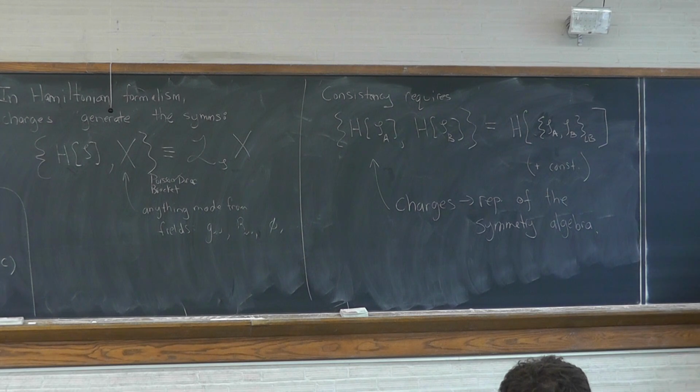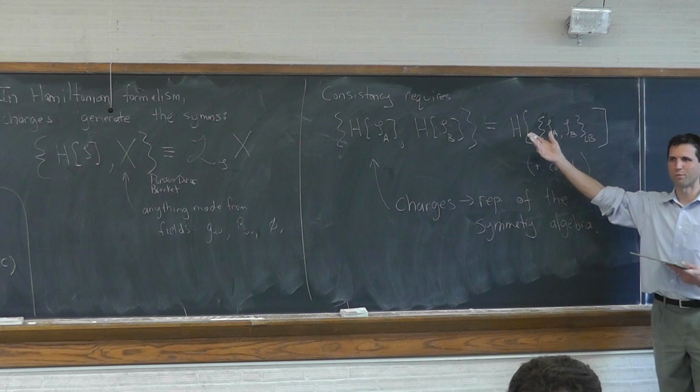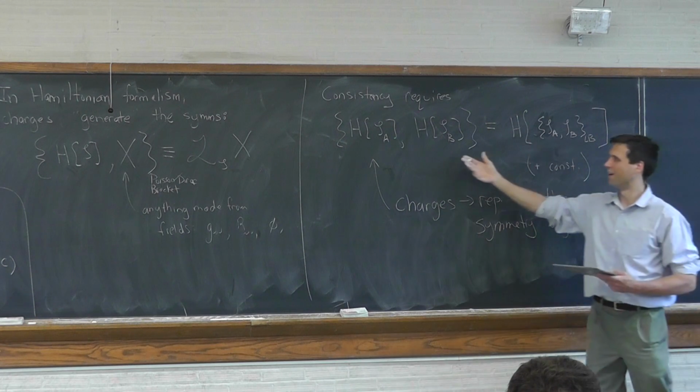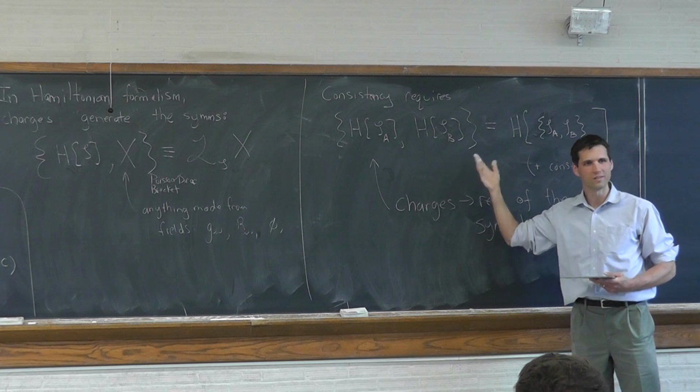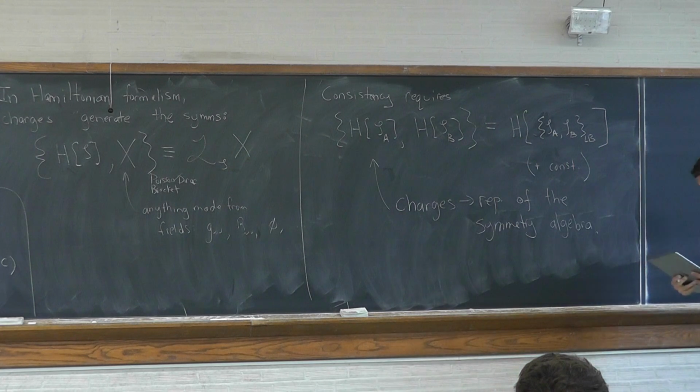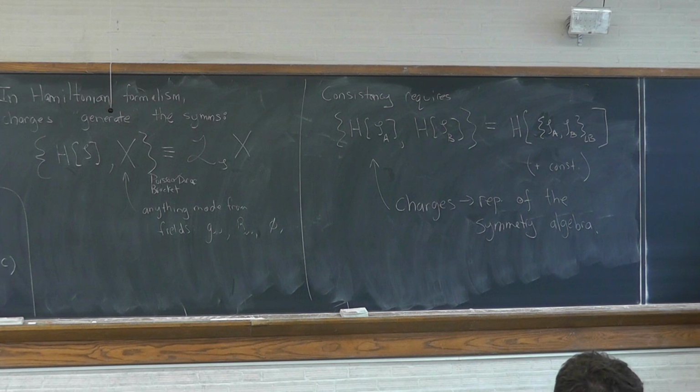In that case, the charge would just be the total global U(1) charge, and this expression is basically trivial because there's just one charge and its commutator is 0 because the Lie algebra is U(1) abelian. But more generally, there can be interesting commutators there.